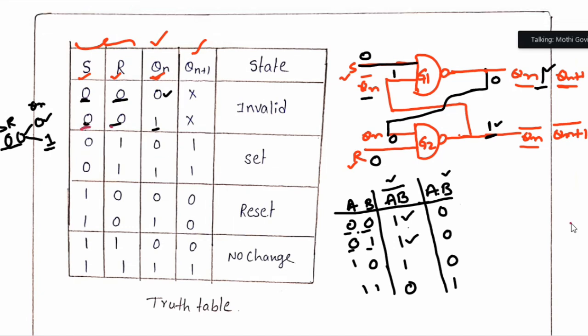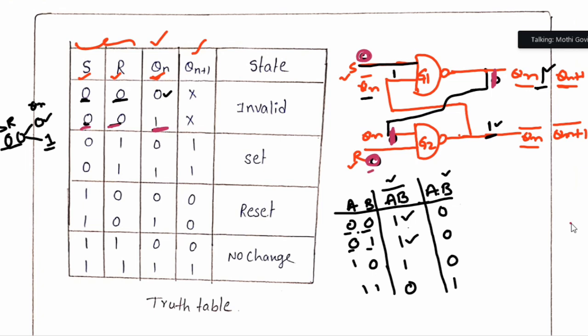So I don't know the previous output. For this gate 1 I'm giving 0 as my input, but I don't know the Qn bar. That's why I'm assuming Qn equal to 1. This one is coming here, this one is coming here.